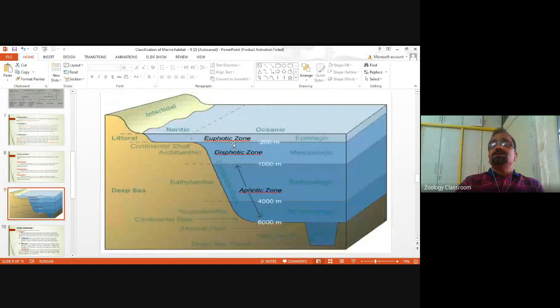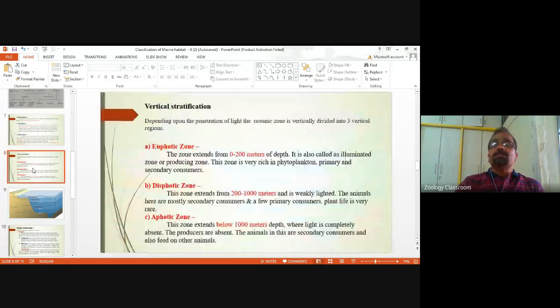The upper layer of this dysphotic zone is in contact with the euphotic zone, so there the number of autotrophic organisms is higher, and gradually the number of autotrophic organisms goes on decreasing in this zone.